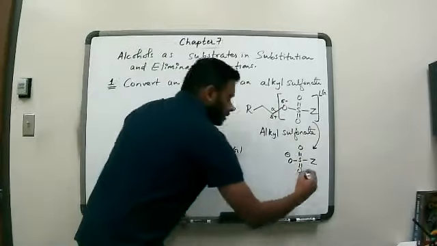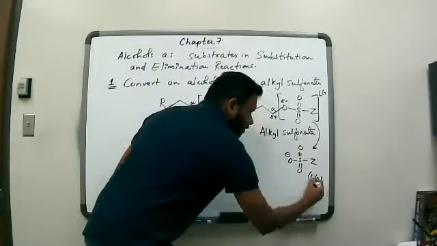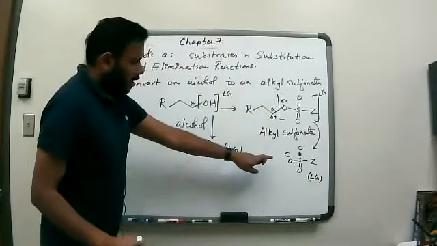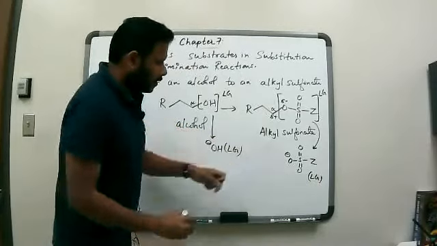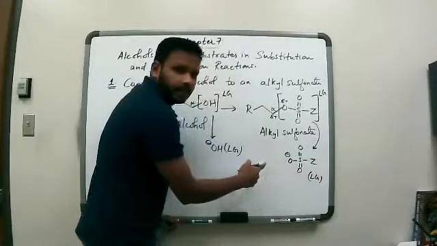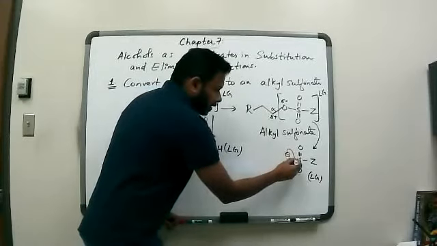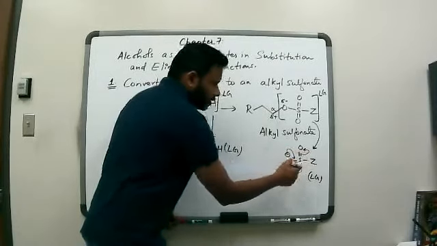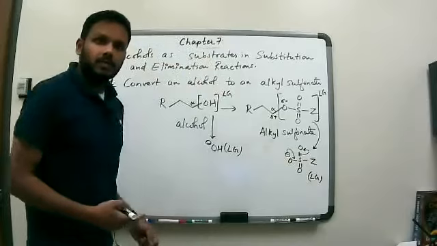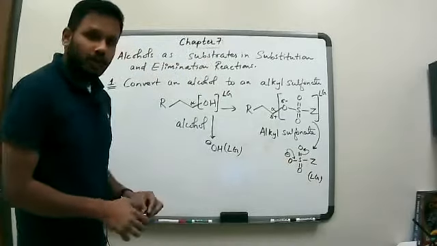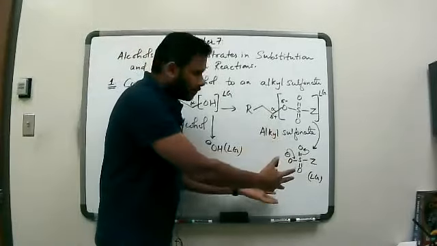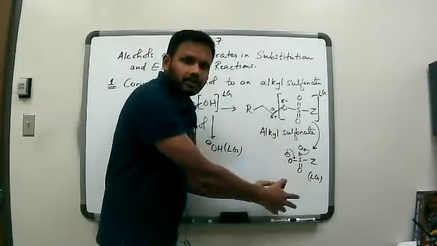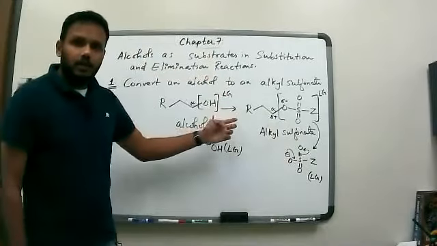Okay, so this is what the leaving group becomes. And as you could notice now, this sulfonate ion is actually resonance stabilized. In fact, it has several resonance forms, which means it is stable. And if it is stable by itself, then it is a good leaving group.